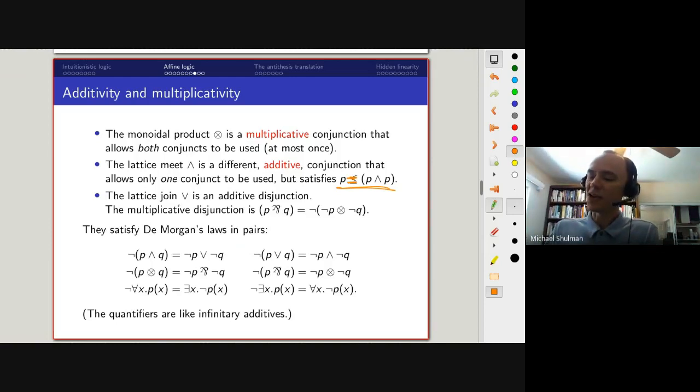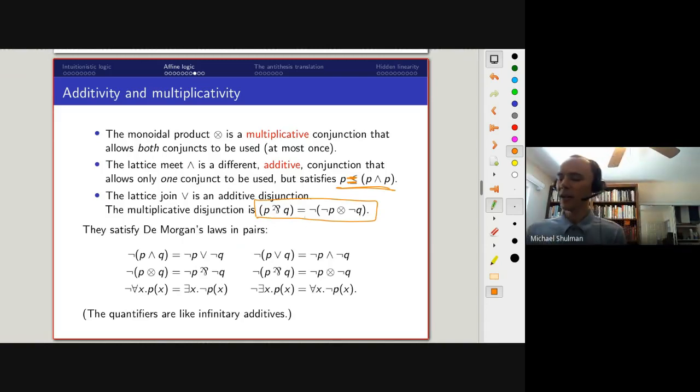We also have the lattice join, which is a disjunction, which is kind of like the meet. But there's also a multiplicative disjunction that we can define by applying De Morgan's law to the multiplicative conjunction. We negate things, we apply the tensor, and then we negate the result again, and that acts kind of like an or.